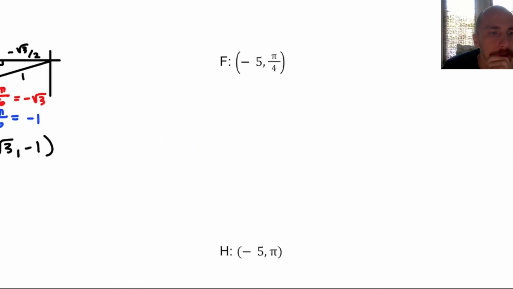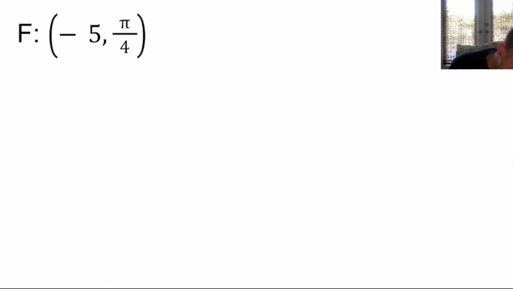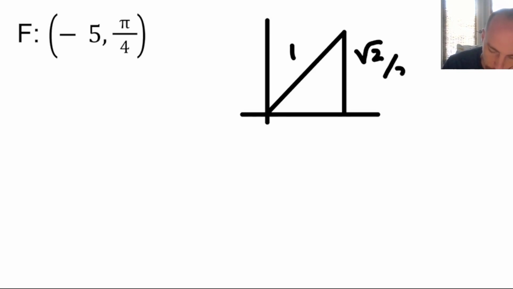All right. Negative 5 and pi over 4. Okay, so pi over 4. Okay, 1, root 2 over 2, root 2 over 2.